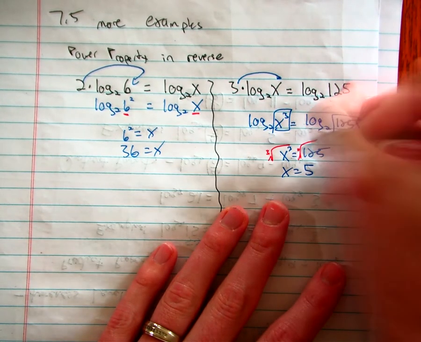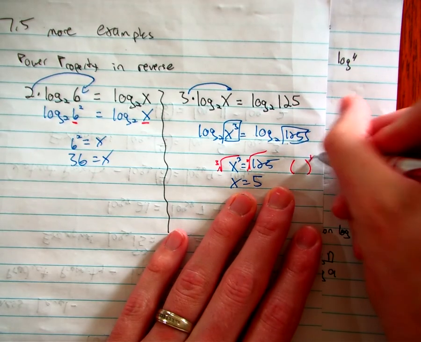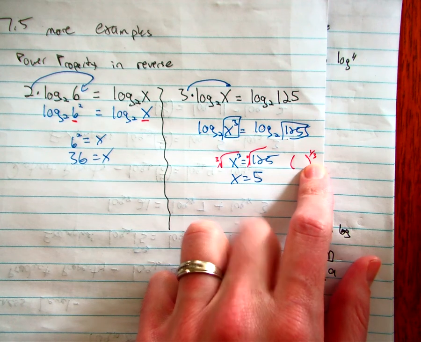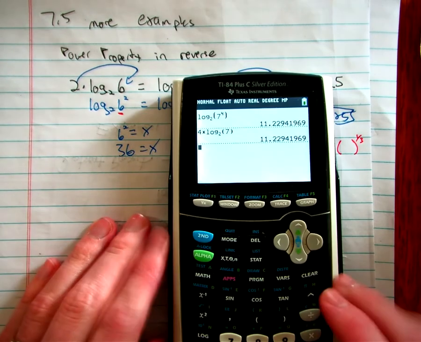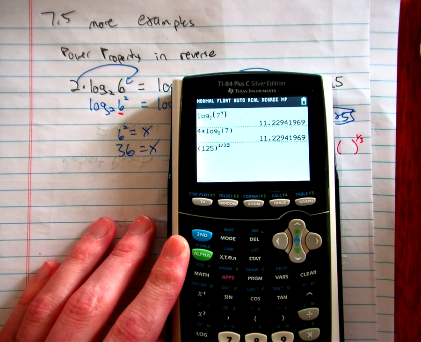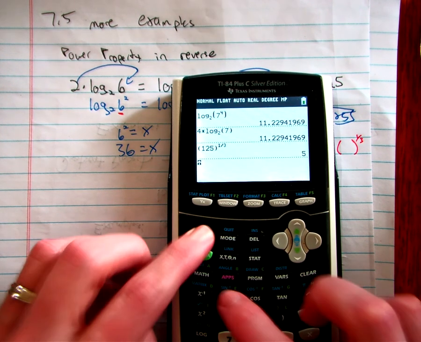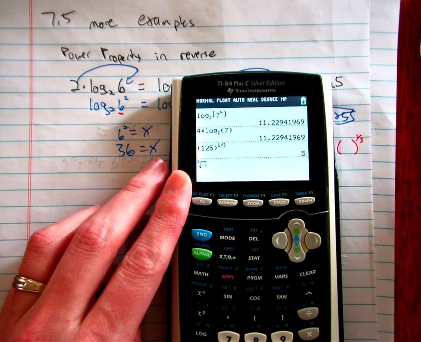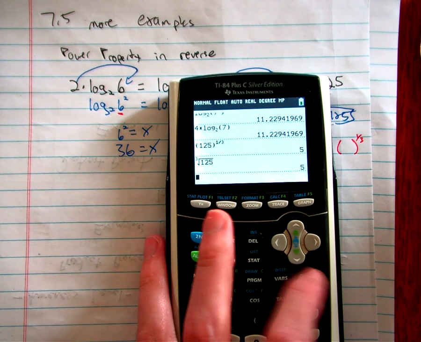And again, guys, instead of doing the cube root, what Mr. Handke often does is goes parentheses to the 1/3 power, because I don't have to go under any additional menus. That's right there on the front. I'm going to take 125 to the power of 1/3. Boom. As opposed to having to go to the math menu and slide down to the cube root of 125.